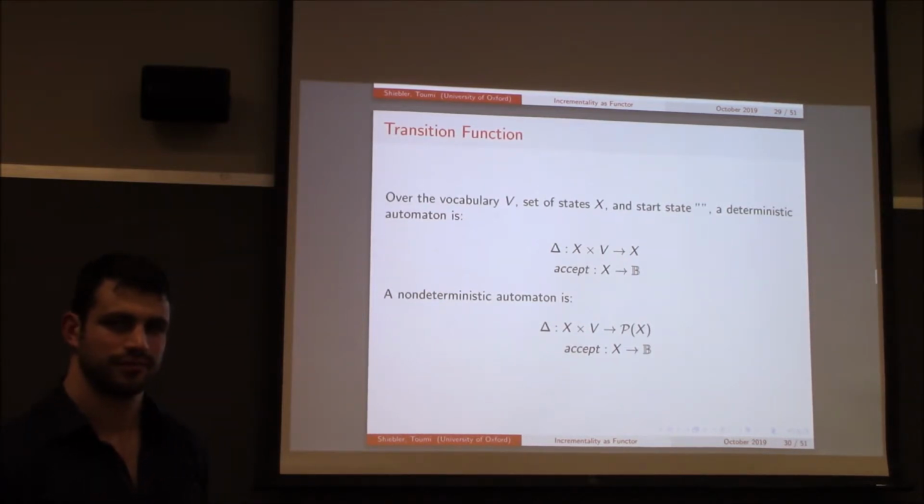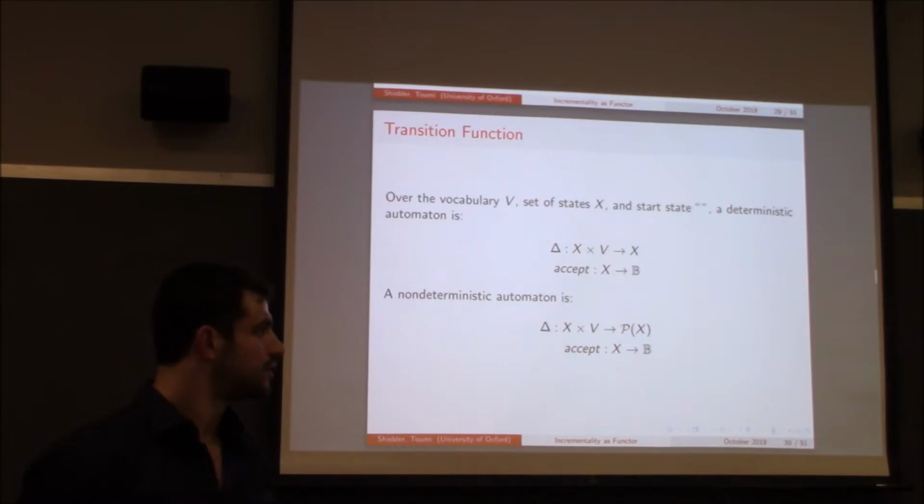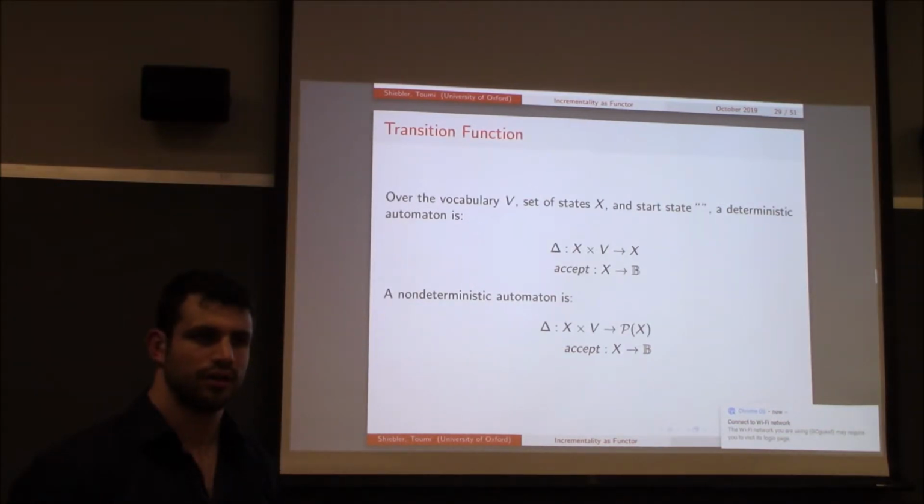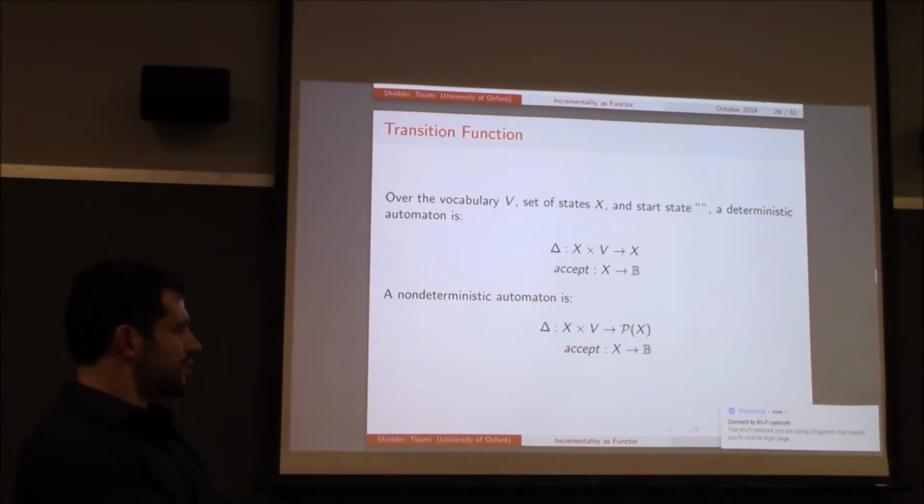Or are we saying a relation rather than a function? Well, it can't be a partial function, because it needs to be total. Sure, but can it map things to the empty set? Not usually. That's a good question.